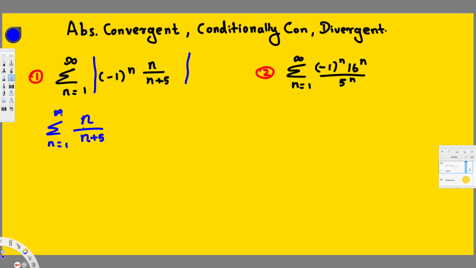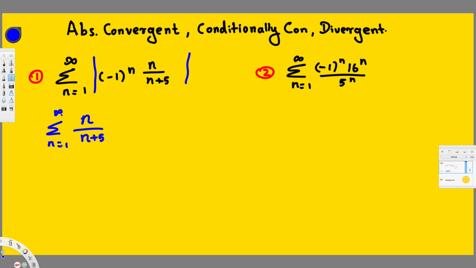And from here we can already see the limit is going to be 1, because in the numerator and the denominator the n powers are the same. So the ratio is going to be the limit. If it's 1, we can do the test for divergence.